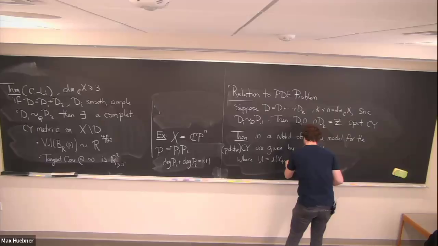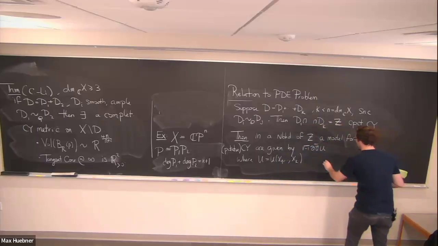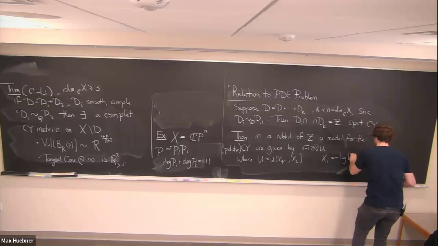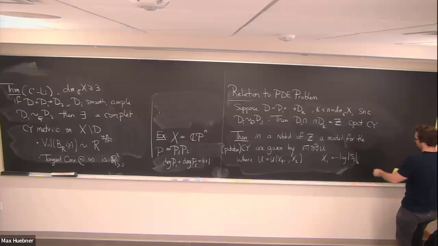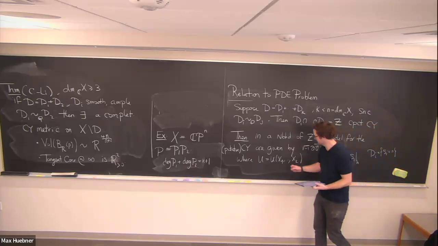So it's a function of k real variables. So these xi is basically the minus log of the norm of si with respect to some particular metric, where di are the zeros of si. Okay, so these are real variables. U is a function of these real variables.